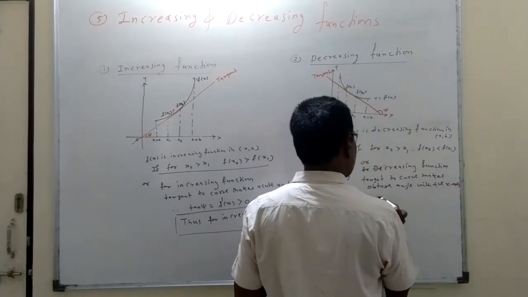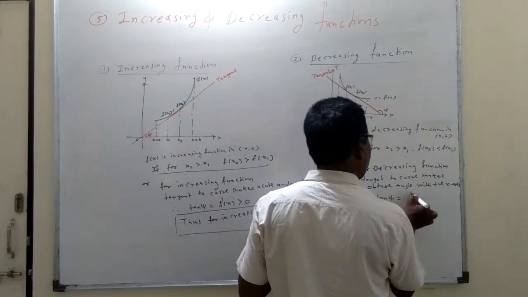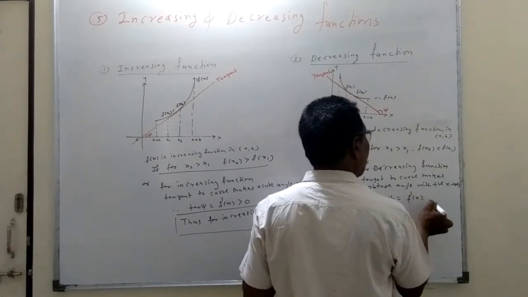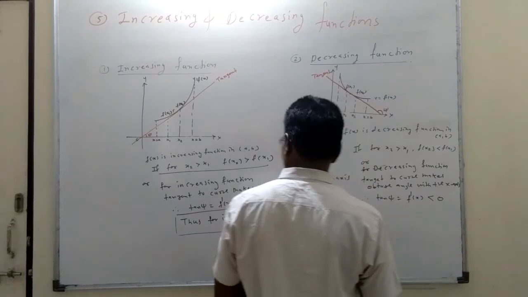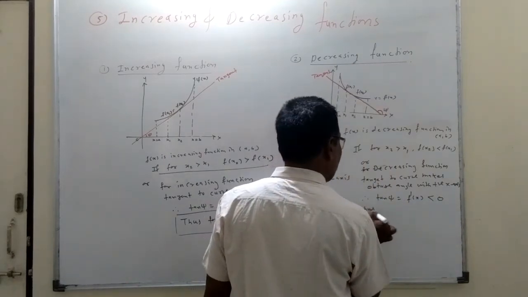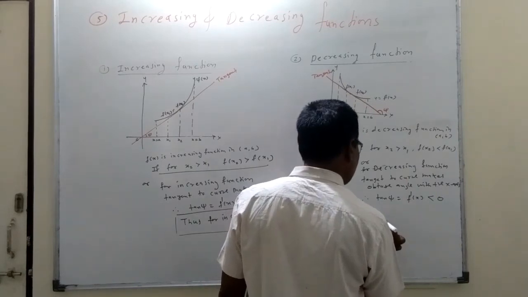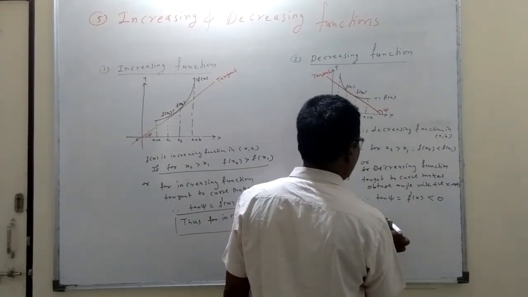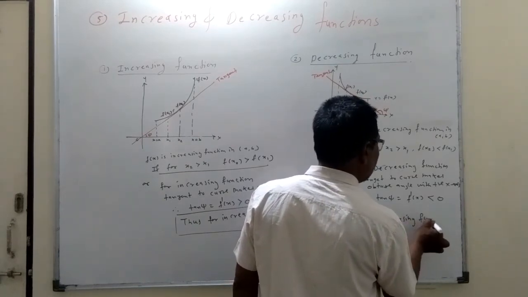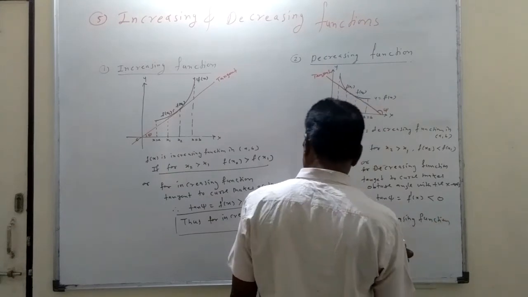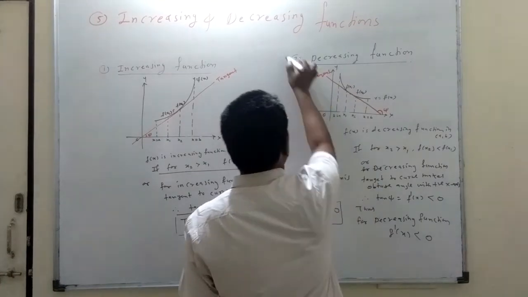Therefore tan psi is equal to f dash x. Now as the angle is obtuse, the tan value is negative, less than 0. Thus for a decreasing function, f dash x is less than 0.